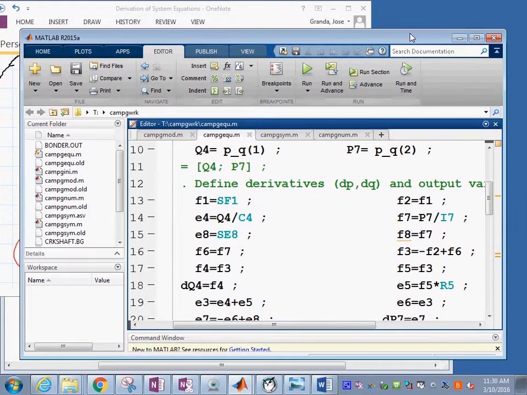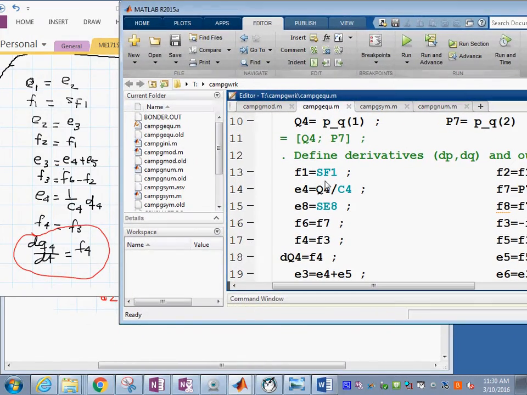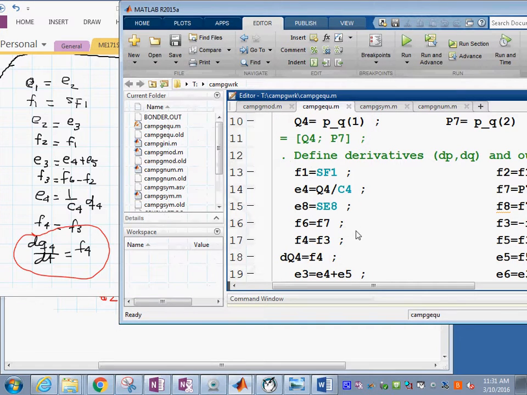There's a little difference. We went through just the numbers 1, 2, 3, 4 for convenience, so you could order any number. CAMG does one more step. It looks at what equations and what variables need to be defined first, and organizes them that way. So it has a logical sort inside CAMG as an intelligent feature of the program that tells MATLAB how to compute, and organizes the equations in such a way that MATLAB would have no problem computing this.